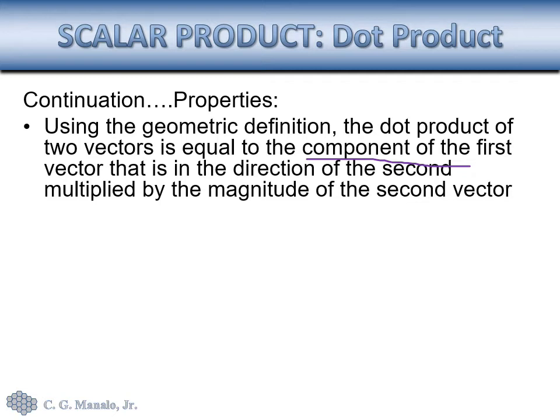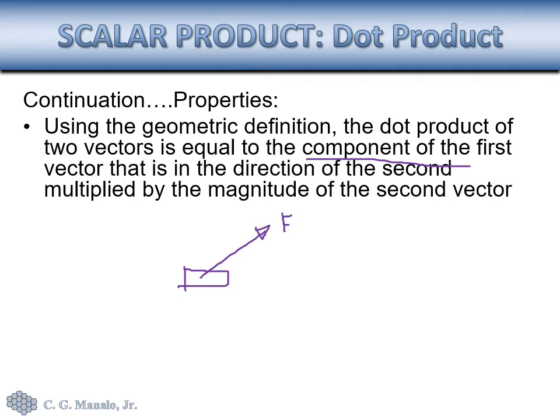A good example of a physical phenomenon that uses the dot product is when you, for example, push an object with a force that is in that direction.